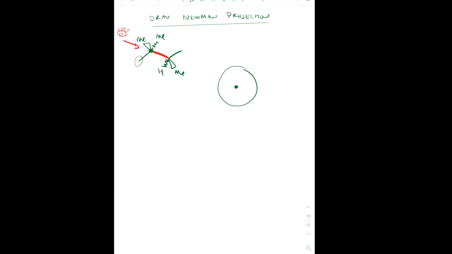This methyl is projected downward with respect to my eyeball. So we're going down, and then the other groups on that front carbon are methyls. Since they're both the same group, we don't really have to worry about which side is which, but on that back carbon we do have to worry about it.